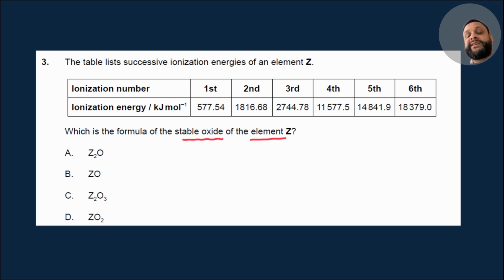The reason is that we're removing an electron from the next shell, which is closer to the nucleus, so that suggests the element Z has 3 electrons in its outer shell and is in group 13. So the charge on Z will be 3+, and oxygen is in group 16, so the charge will be 2-. Hence the correct formula will be Z2O3, and the correct option is C.